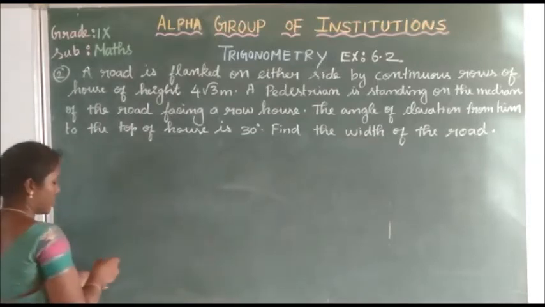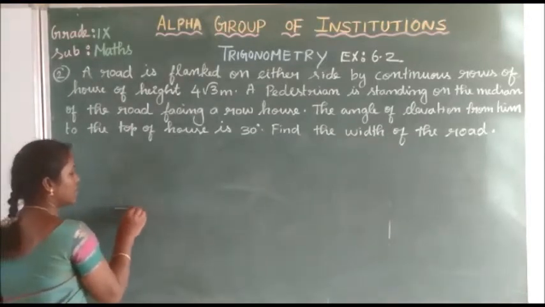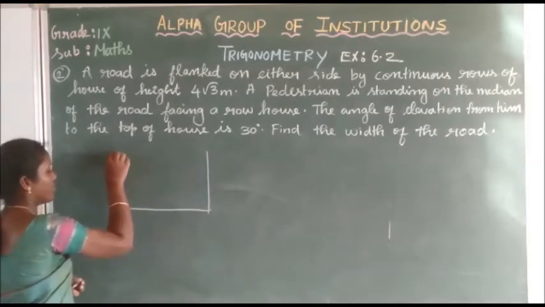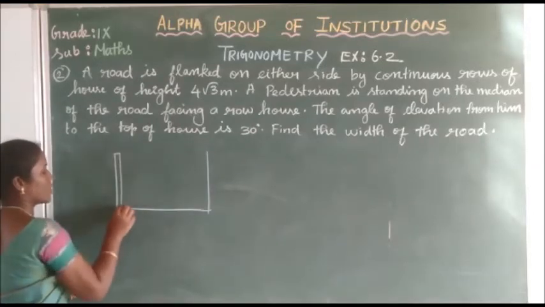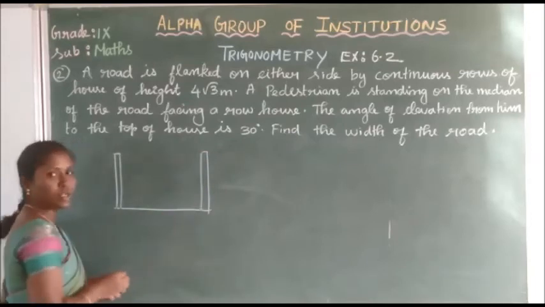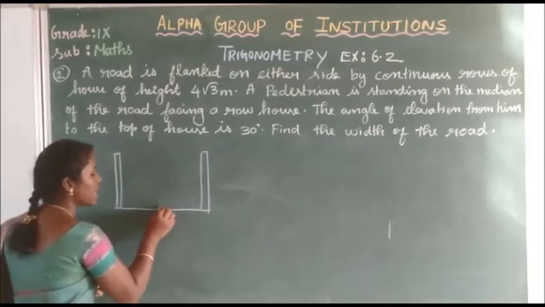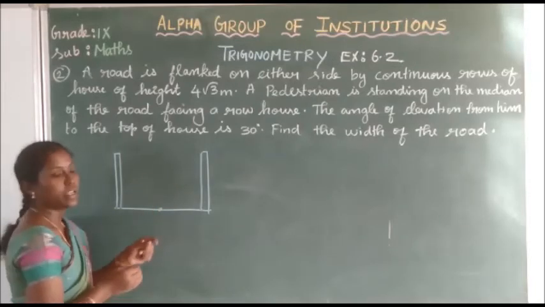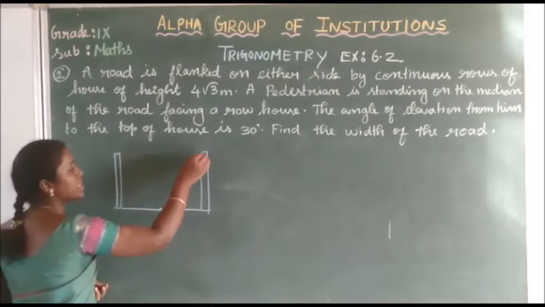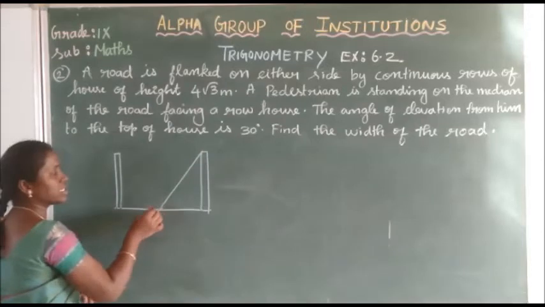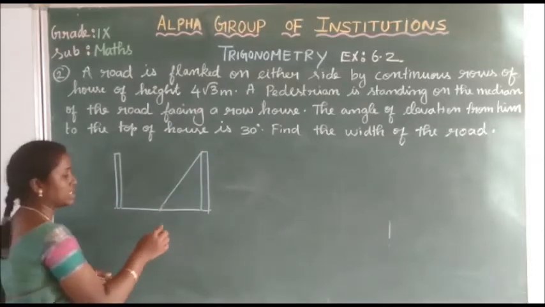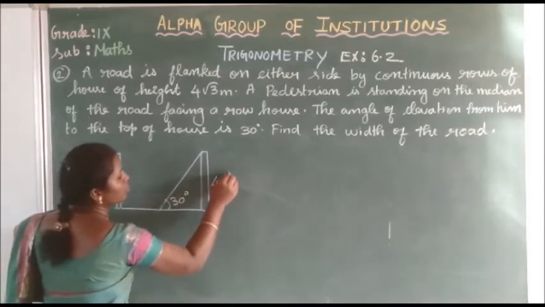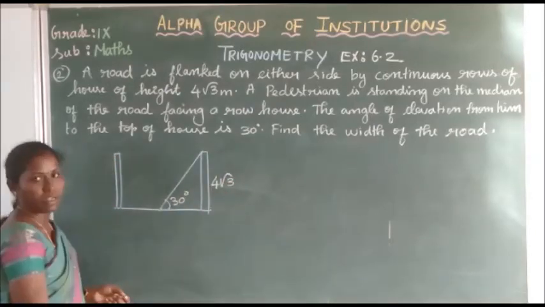So how to make it as a diagram? See, if I have a road, on either side it is flanked by a building, without gap, without space. A pedestrian is standing in the median. Clearly the question says he is standing in the median of the road, and he is seeing the top of the house on one side at an angle of elevation of 30 degrees, and the height of the house on both sides is 4√3 meters.